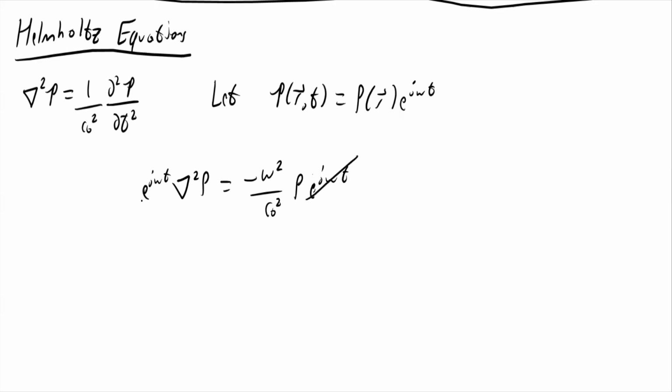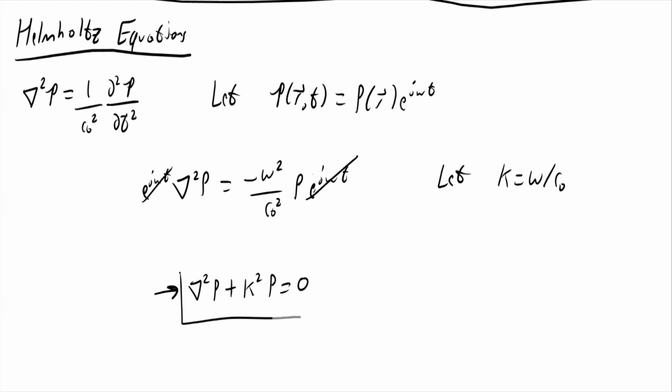First, we cancel the e to the j omega t's on both sides, and then we let k be equal to omega over c naught, the wave number. We plug that in and move everything to the left-hand side, and obtain what is known as the Helmholtz equation: the Laplacian of P plus k squared P is equal to 0.